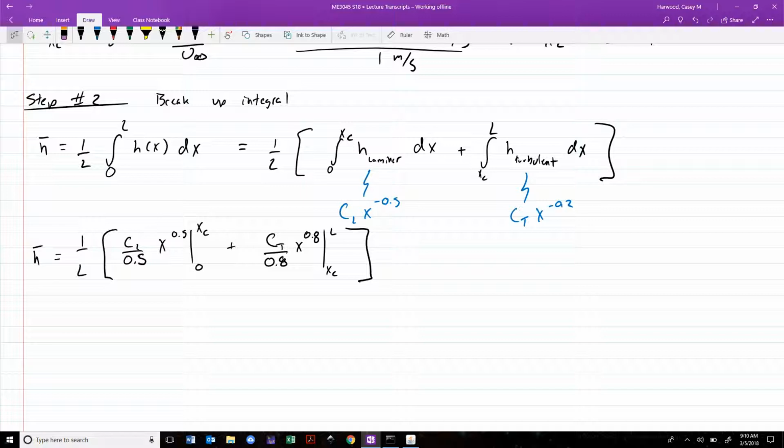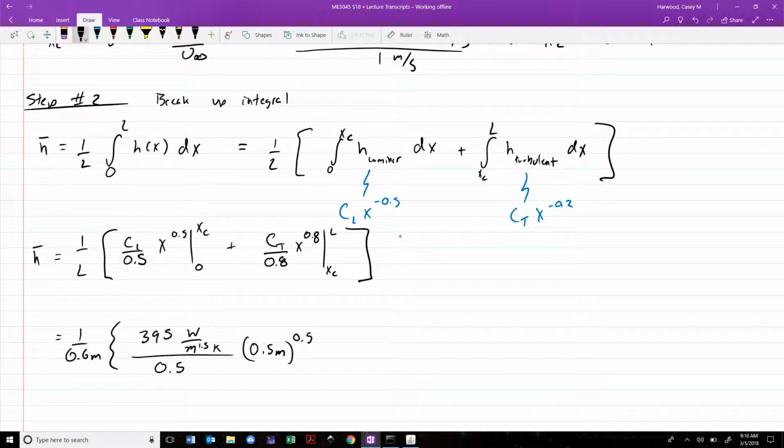And so now, plugging in those numbers, this is 1 over 0.6 meters, times 395 watts per meter to the 1.5 Kelvin over 0.5 times 0.5 meters to the 0.5.